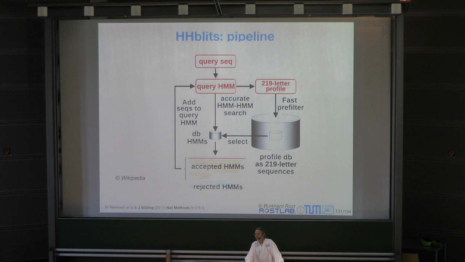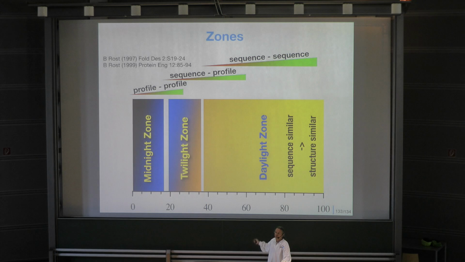And essentially we're back to the idea of consensus sequences in some sense. So they use a slightly different, simplified alphabet of the amino acids and put it into something that is like a consensus sequence to gain speed. And with that, we get almost into the midnight zone.